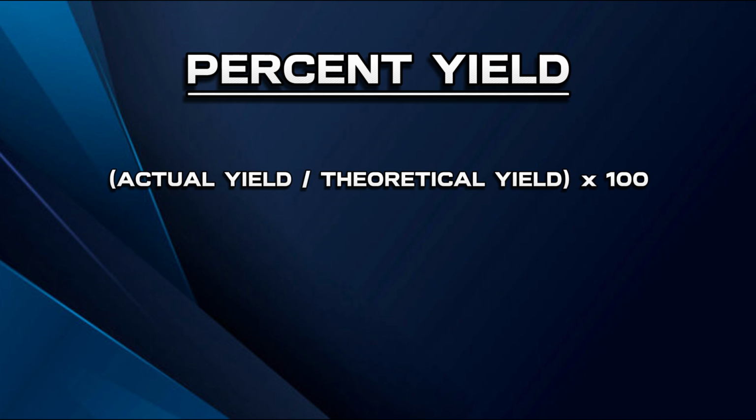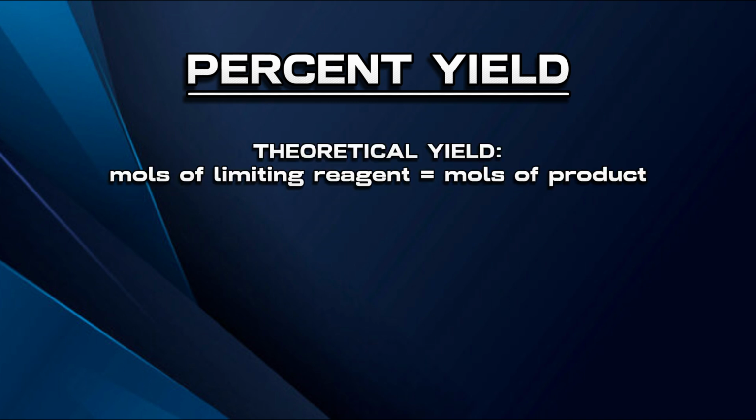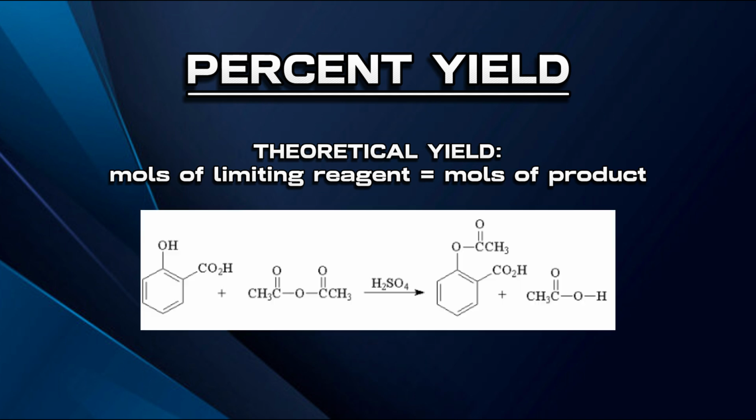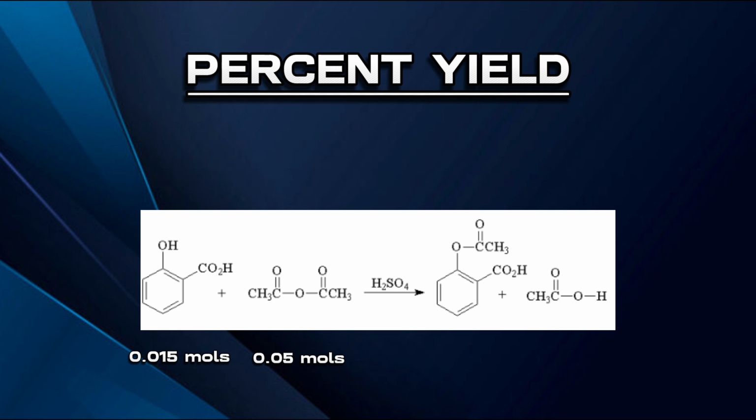Now, our theoretical yield essentially uses the starting amount of moles to calculate how much product we could get out of this procedure. Our 2 reagents, salicylic acid and acetic anhydride, started out with 0.015 moles and 0.05 moles respectively. The salicylic acid started out with fewer moles, so this is our limiting reagent, meaning that if all of our salicylic acid reacts, we will have a maximum of 0.015 moles of acetylsalicylic acid.